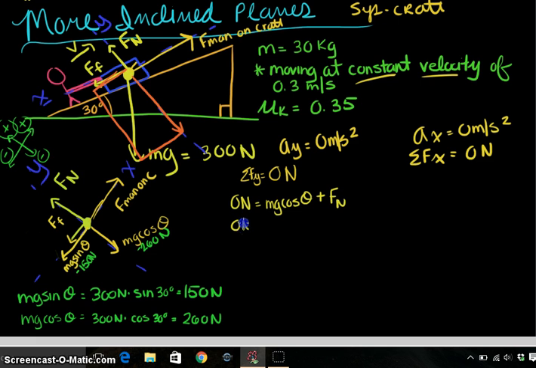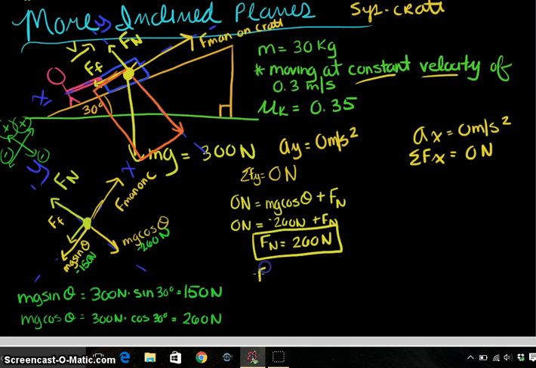So this means that we've already found mg cosine theta to be negative 260 newtons. And this means that if we add 260 newtons to both sides, we find our normal force to be 260 newtons.